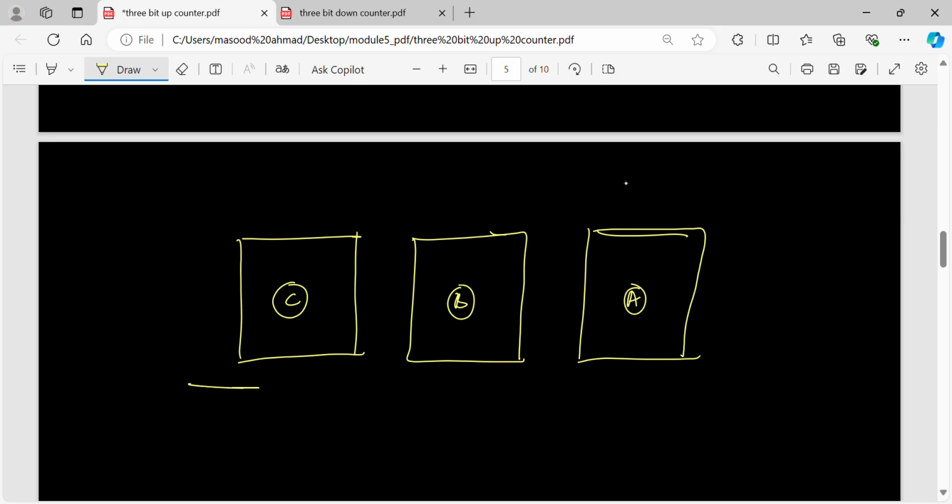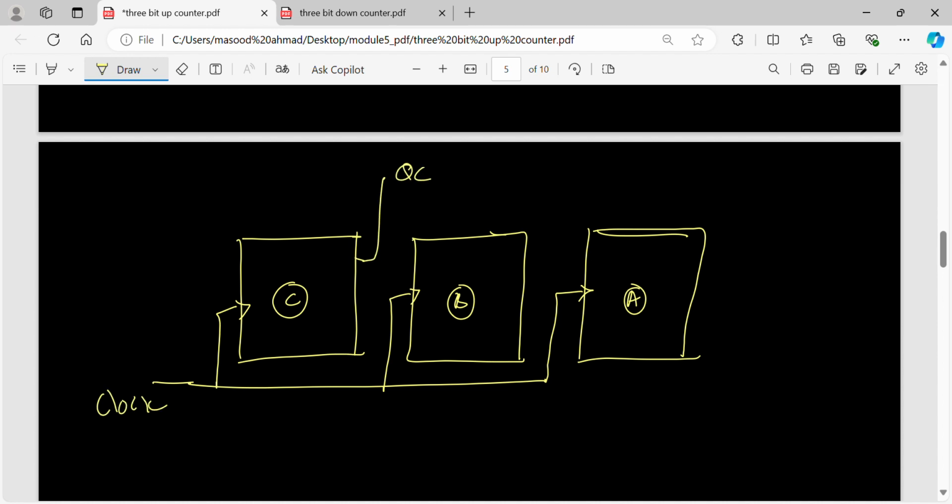So for all of them, I will give a common clock. Synchronous counter means common clock. The clock is the same. This output is QC, this output is QB, this output is QA. Now the input is TC, this is TB and this is TA.